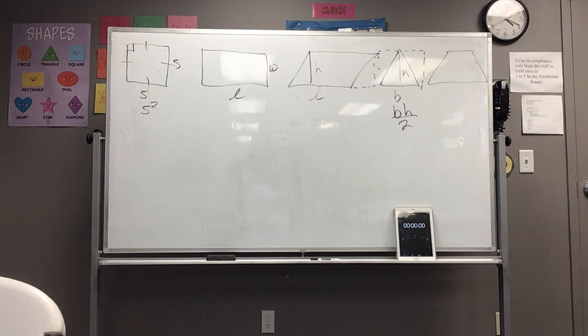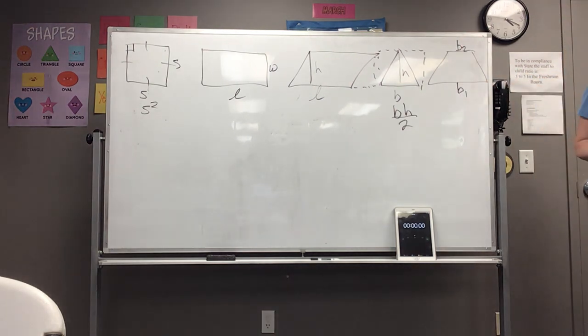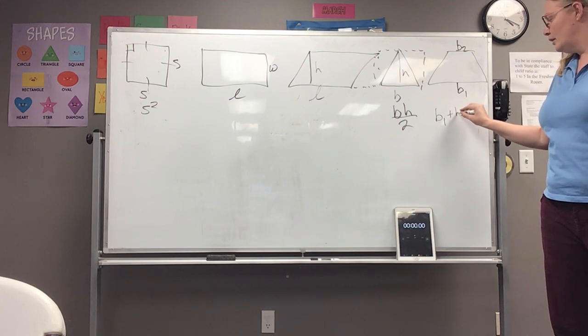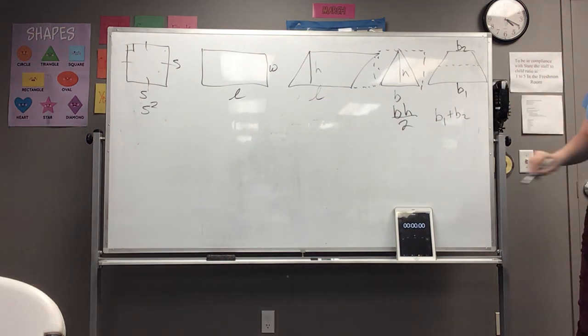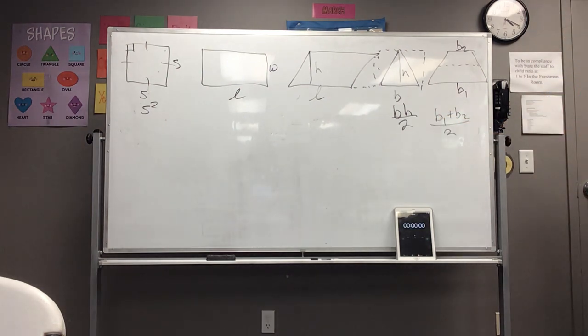The trapezoid is defined as base 1 and base 2. It doesn't matter which is which. It's just talking about the two parallel sides. We're going to average them together because that is this middle right here. We're taking the average of those two by adding them together and dividing by 2.